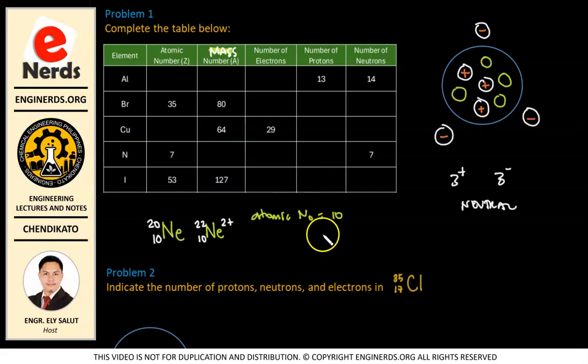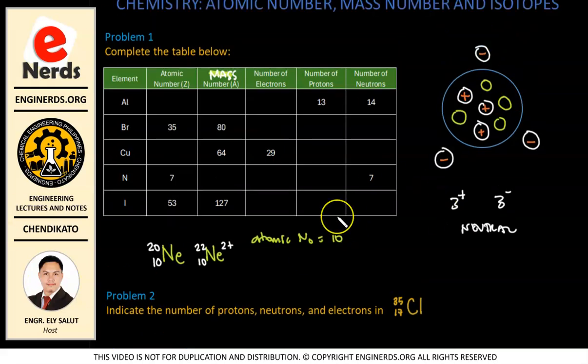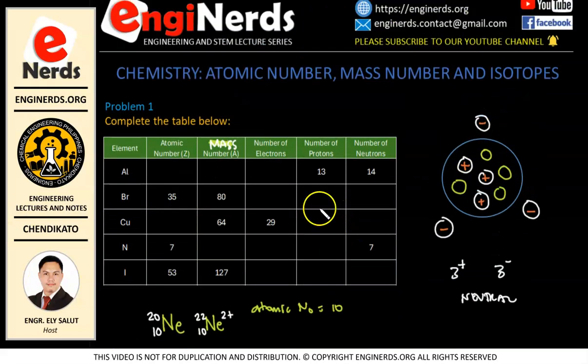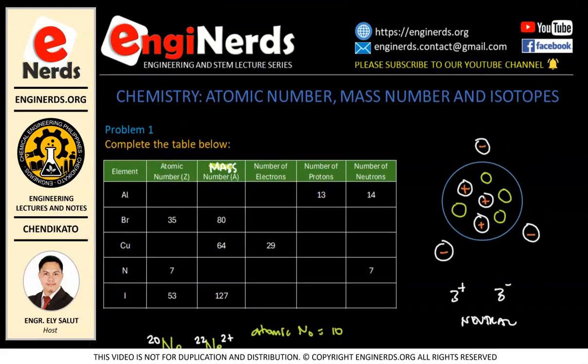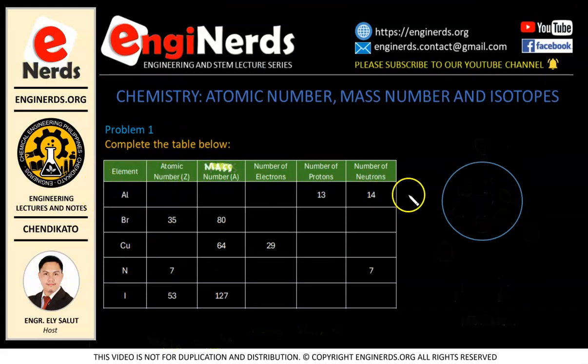For now, let me remove everything that I wrote earlier because we are going to start solving our problems. Let's begin here in our first row in which we have aluminum. According to this information, we have 13 protons inside our nucleus.